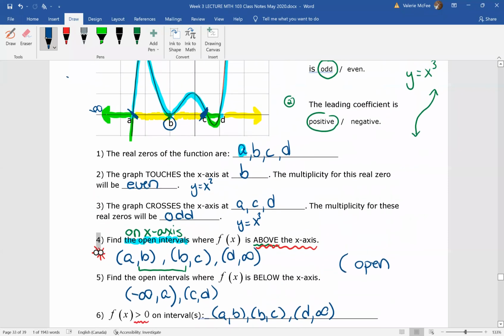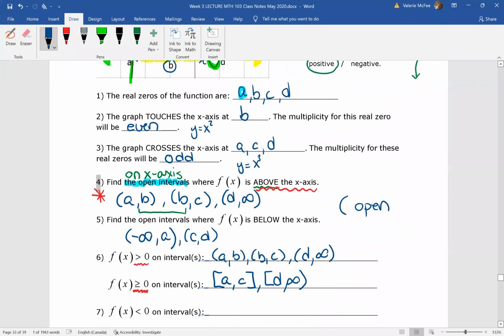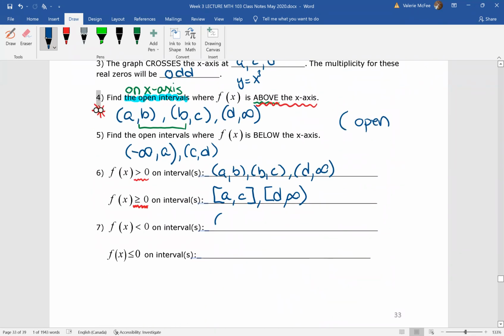So again, less than 0 from negative infinity to A and C to D. Less than or equal to 0, I need to include A, and I need to include C and D. So be careful when these questions are asked that you read for exactly what is being asked for.